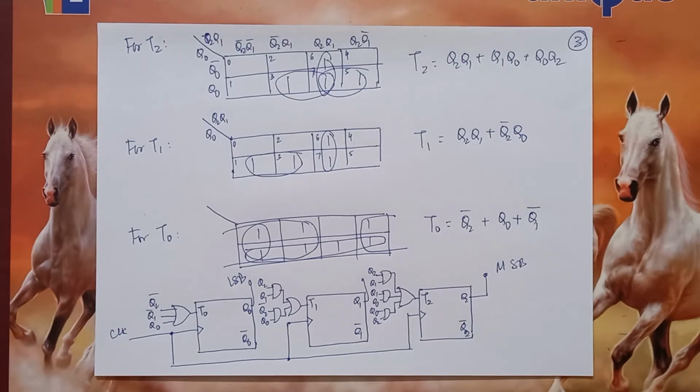So if you remember, when we were trying to design a similar circuit, that is a mod 6 counter, which would count from 0 to 5, but using the asynchronous technique. The only difference was that the circuit was asynchronous and we were using a logic to activate the clear inputs for every flip-flop, and for that we just needed one additional gate.